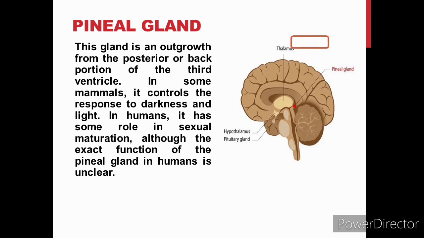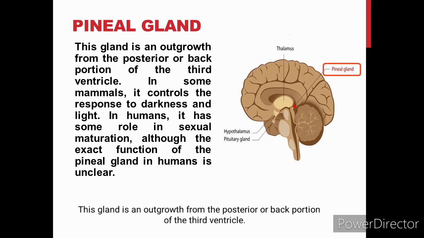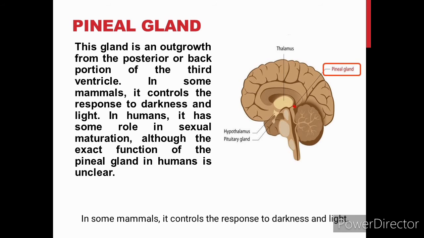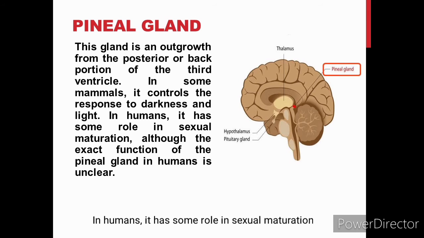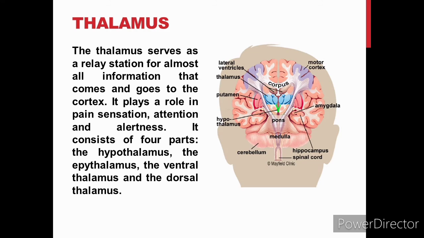Pineal gland. This gland is an outgrowth from the posterior or back portion of the third ventricle. In some mammals, it controls the response to darkness and light. In humans, it has some role in sexual maturation, although the exact function of the pineal gland in humans is unclear. Thalamus.